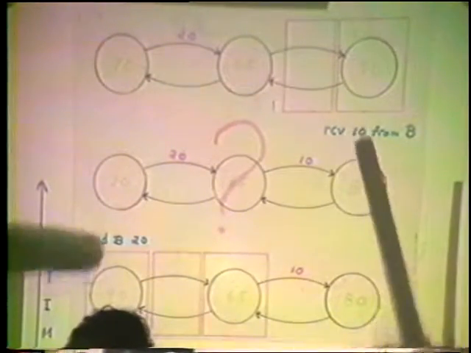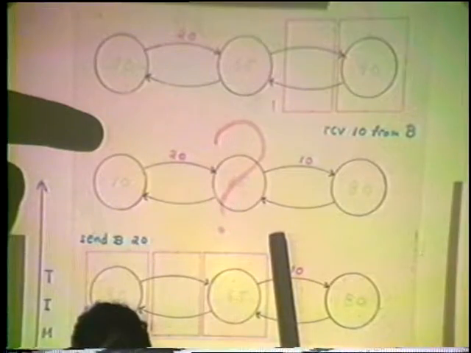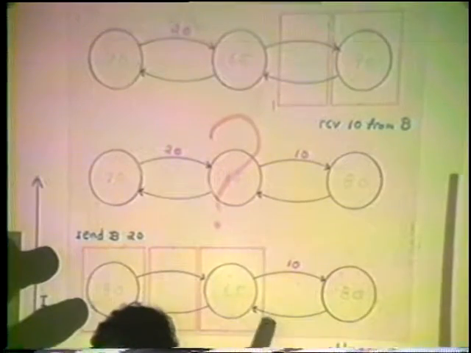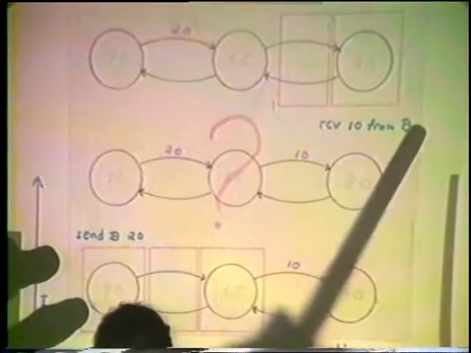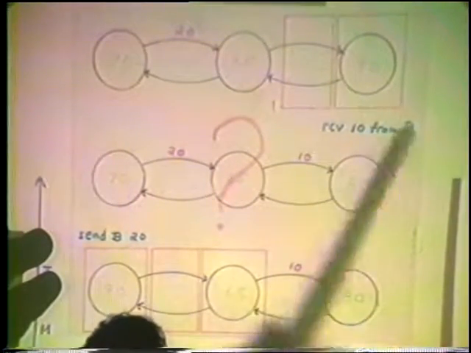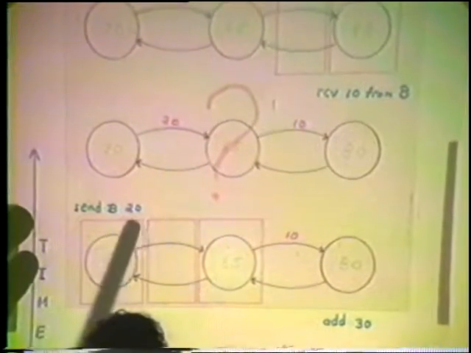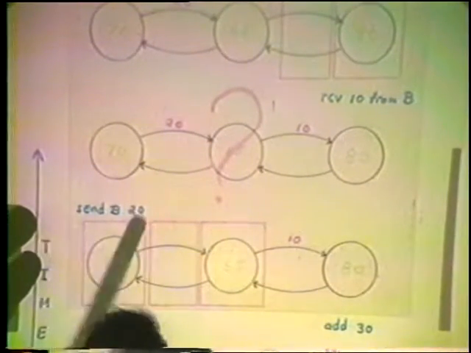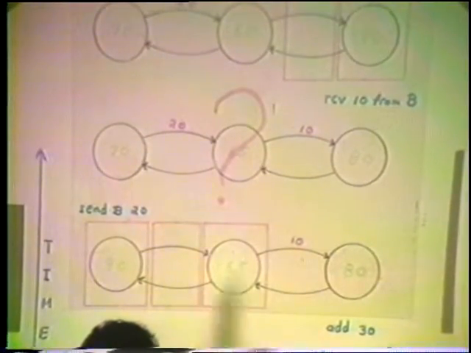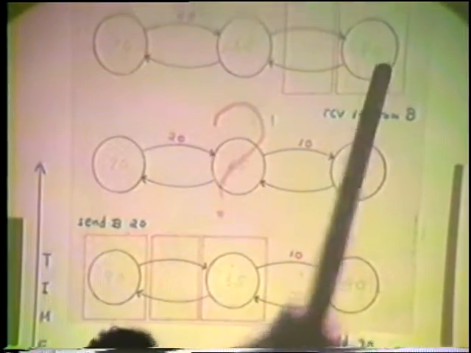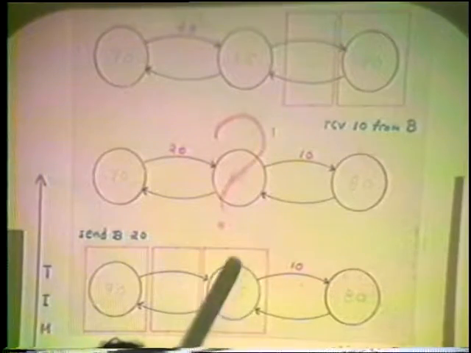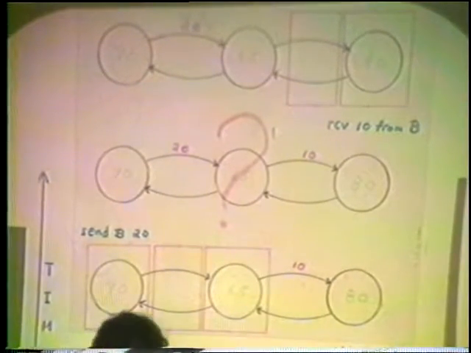But notice, if the events had occurred in the opposite order, then this snapshot would show exactly what the state was after this receive 10 from B event occurred in process C and before the send 20 to B. You see, if we switch these events out of order, then these happen after the receive 10 from B. These 2 were taken before the send 20 to B, and the state of Chicago is unchanged by those 2 events.